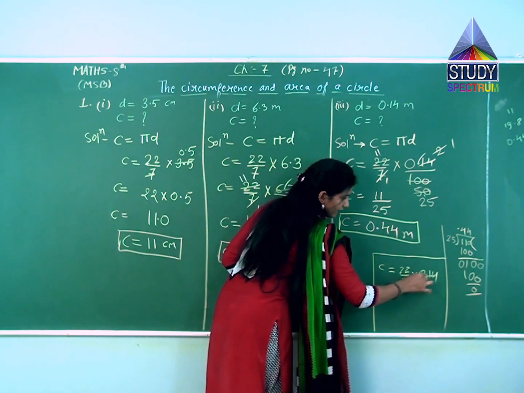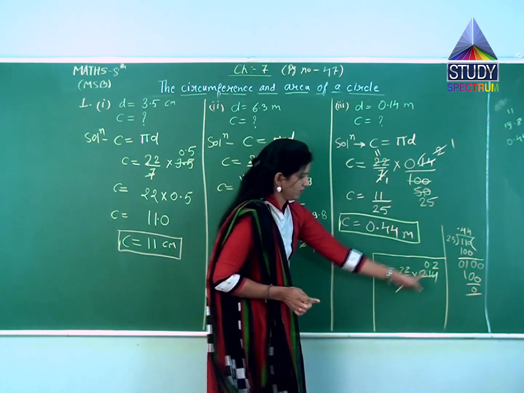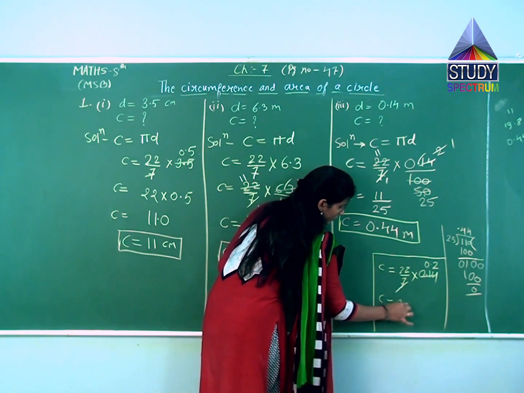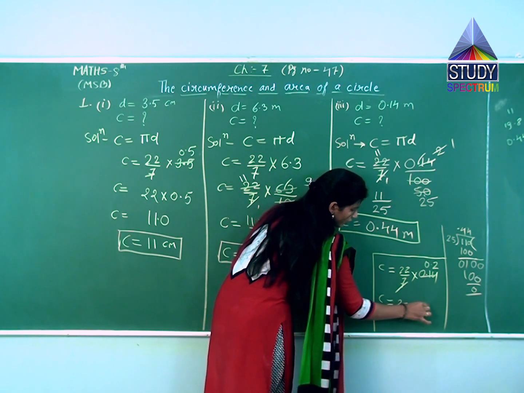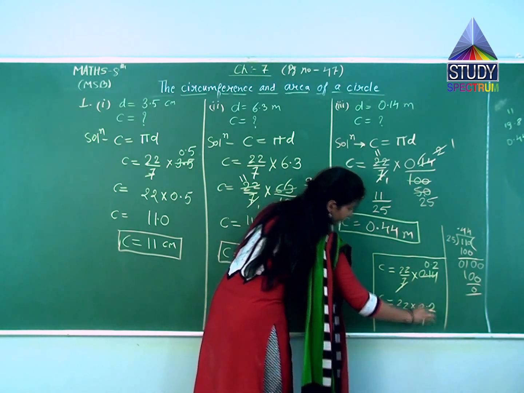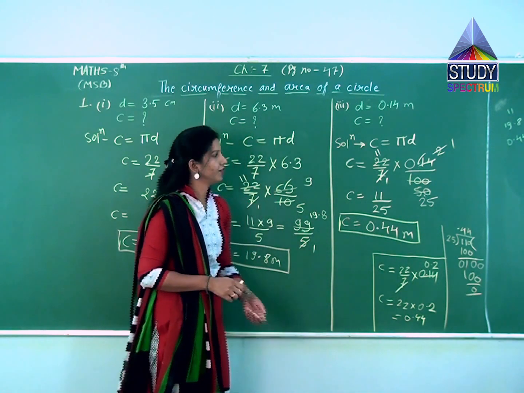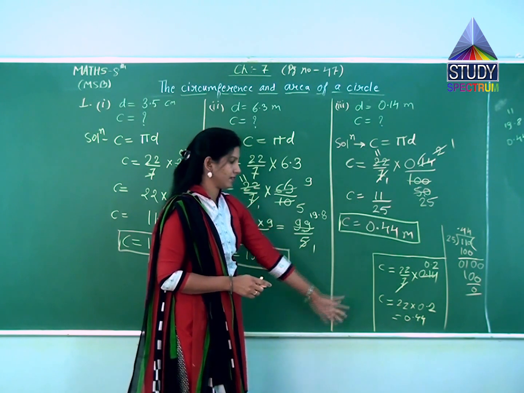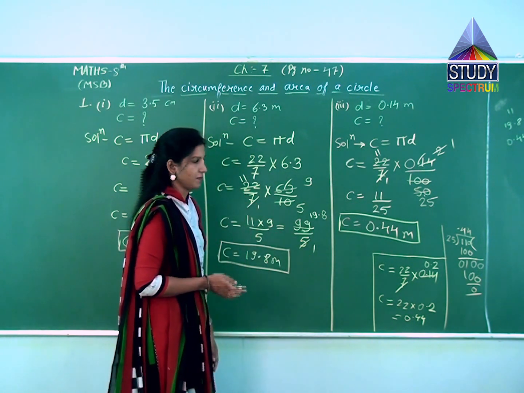You could divide like this, and you could get the answer by multiplying 22 into 0.02, and that is also equal to 0.44. But for elaborating, I have done this question like this, so that you can understand it better.